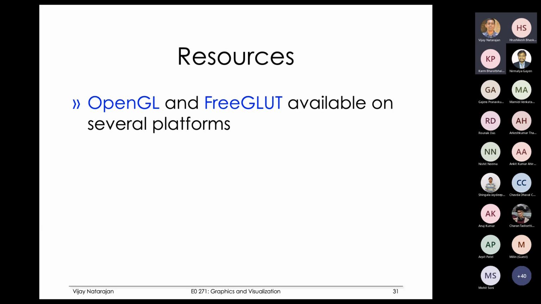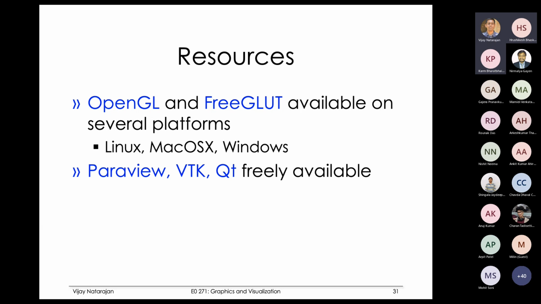It's lightweight, so easy to learn. The good thing about both OpenGL and FreeGlut is that they are available across all platforms. There is no restriction on what platform you choose, as long as you are able to manage it yourself.